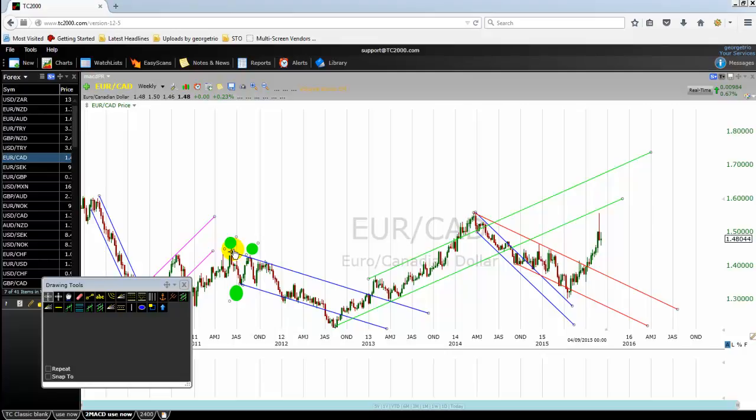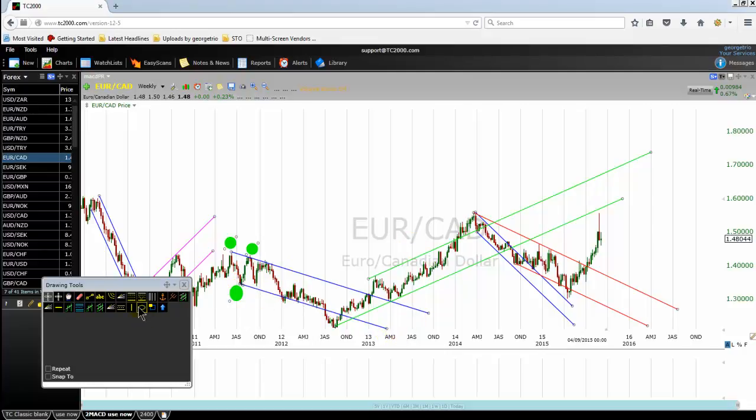We start by joining the high and the lower high. We draw a line, which is the blue line here, and then at the low we draw another line that is parallel to the first line.